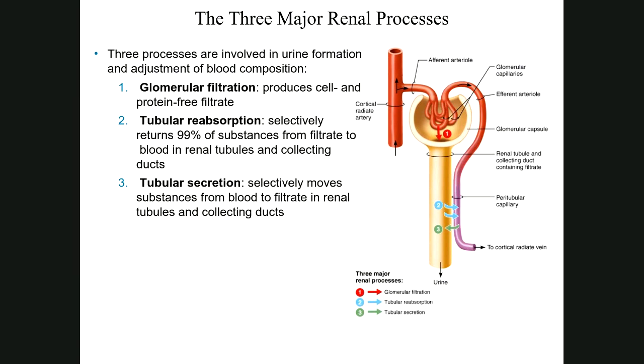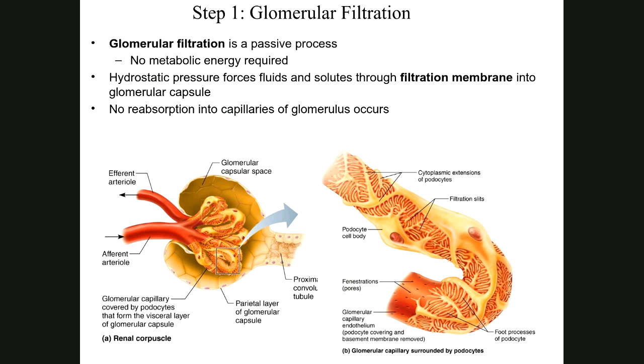So let's get started. Glomerular filtration. The first stage is a passive process; no metabolic energy is required. Hydrostatic pressure forces fluid and solutes through the filtration membrane into the glomerular capsule.